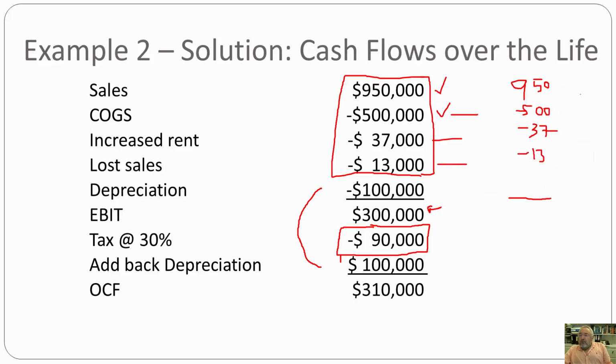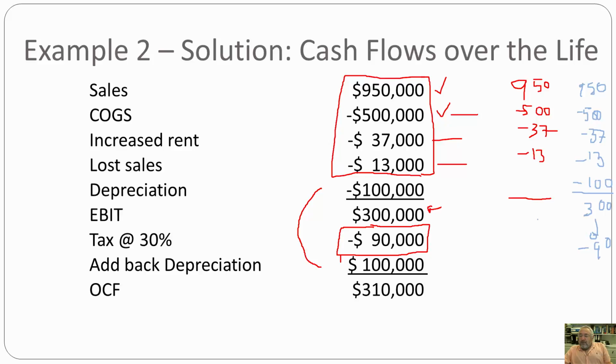So you've got 950 coming in, you've got 500 going out, you've got 37 going out, you've got 13 going out, and in doing your tax return, you also get to include your 100. So you get to tell your tax man that your profit is 300. You use that to calculate your tax, which is minus 90, and you know that that tax is a cash flow.